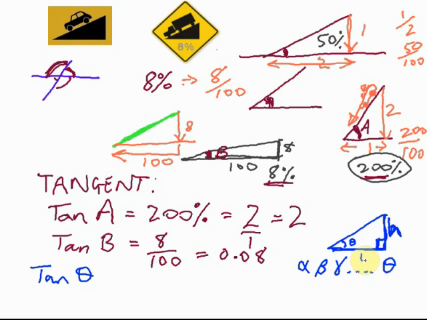I'm going to call that L. L, and this is the slope, and I'm going to call that one S. So tan theta is equal to what? It's H over L. It's the down, which is H, divided by the across, which is L. Tan theta is equal to H, in this case, using this terminology, over L.